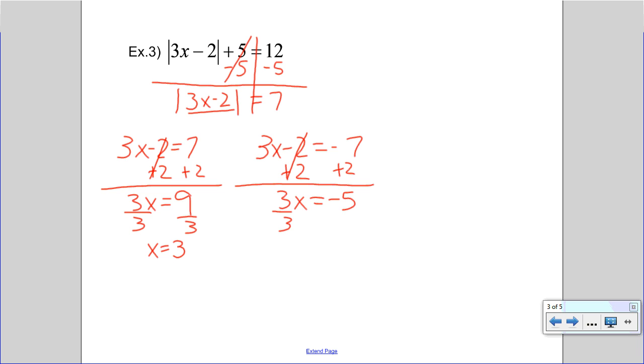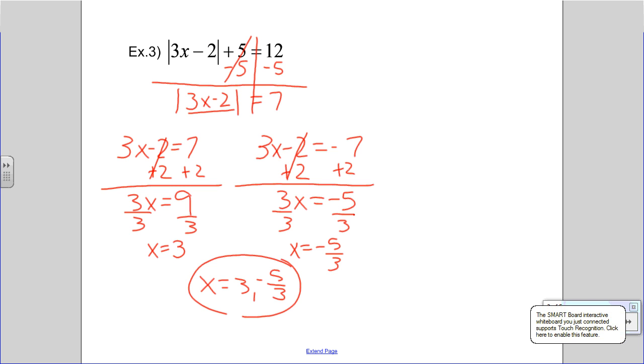Divide by 3. And x is equal to a negative 5/3. So x can equal 3 or negative 5/3. Those will give us our two values of x that will be 7 spaces from 0.